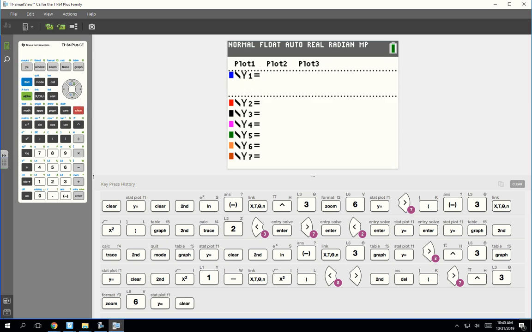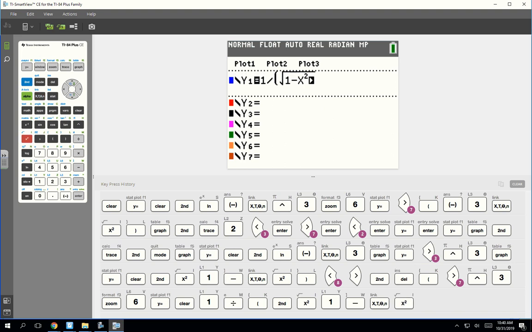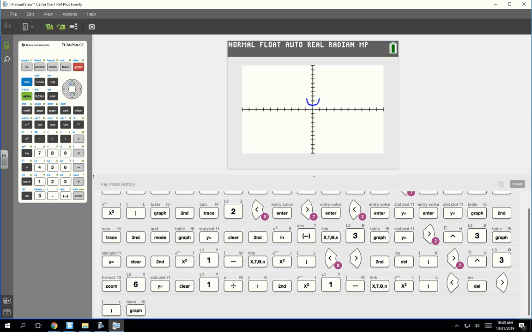I'm going to just type in 1 divided by the square root of 1 minus x squared, and then graph it.